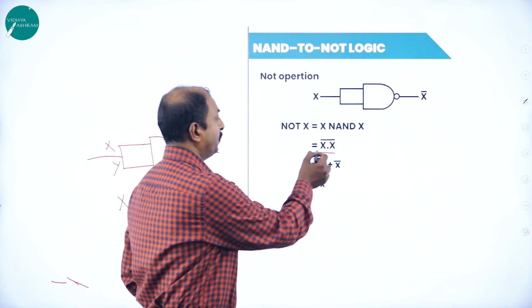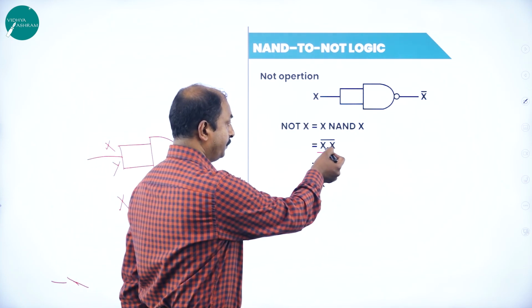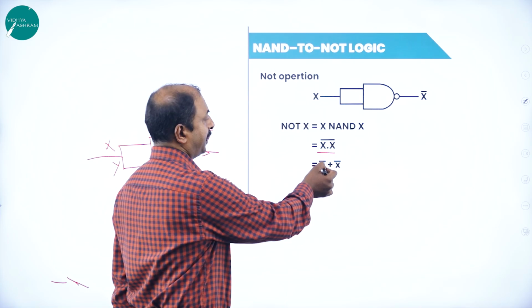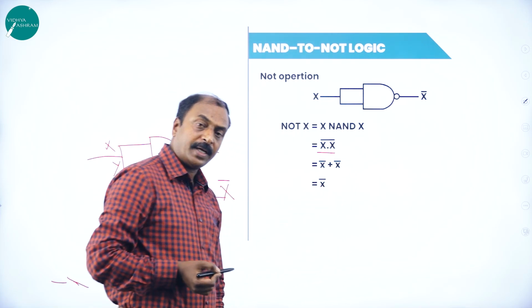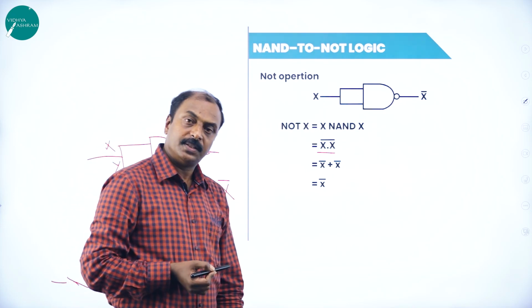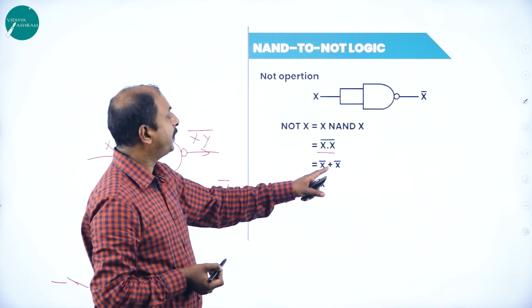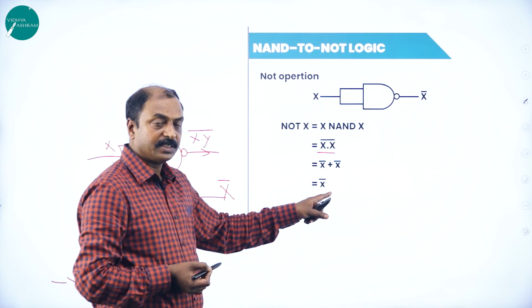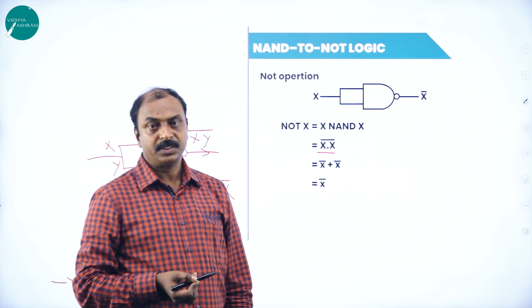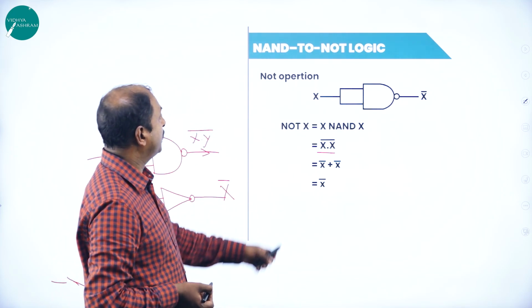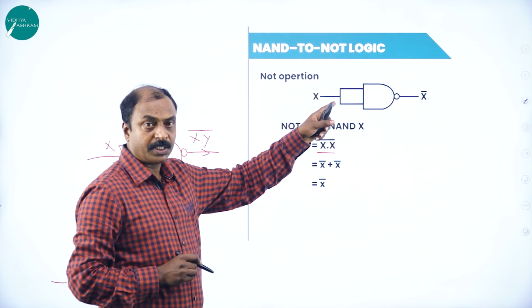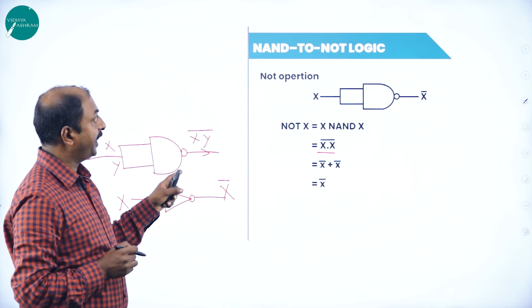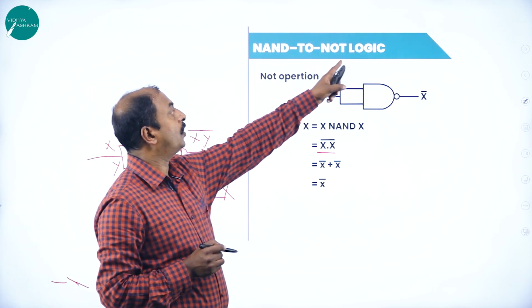So, X into X, and this is not X into X, it becomes not X plus not X by using the Boolean theorems. And again not X plus not X is equal to not X as per the Boolean theorems. So this is how we construct the NOT gate or NOT operation with the help of the NAND gate. That is the meaning of NAND to NOT logic.